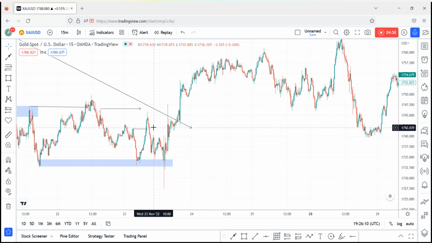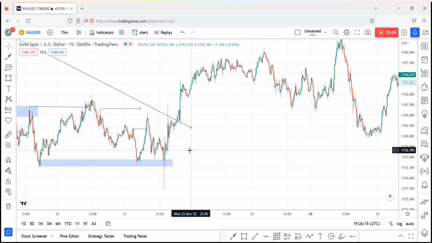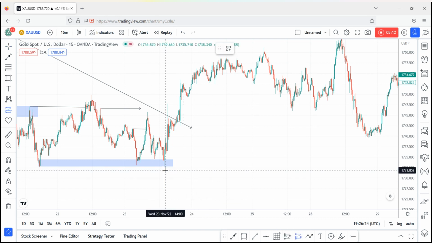But what the price did was hit our first target, and then made a pullback, swept this liquidity, closed below this candle, just above the candle. And then what you have to do is place your stop loss something like this.